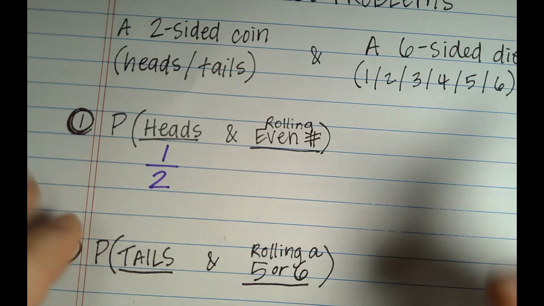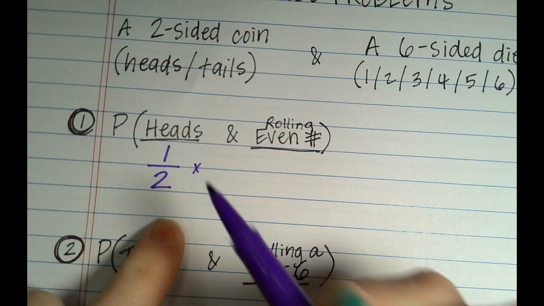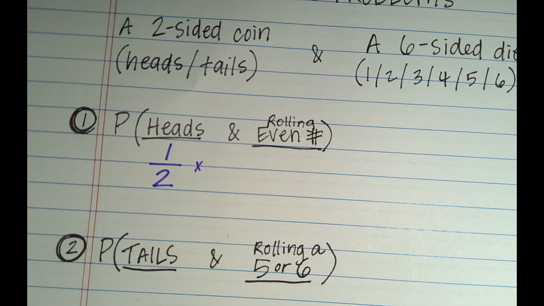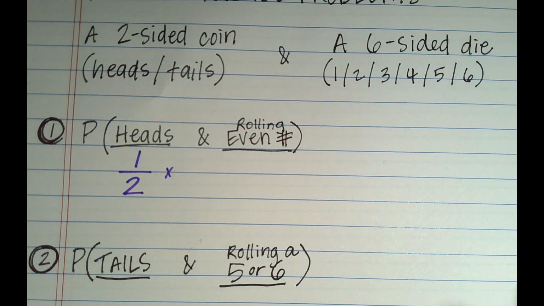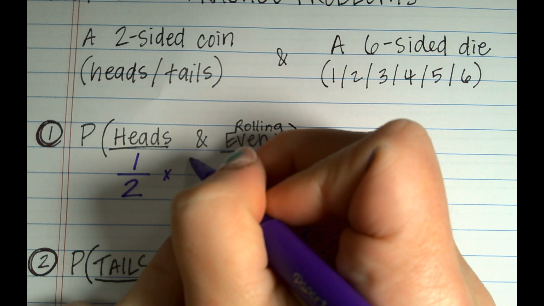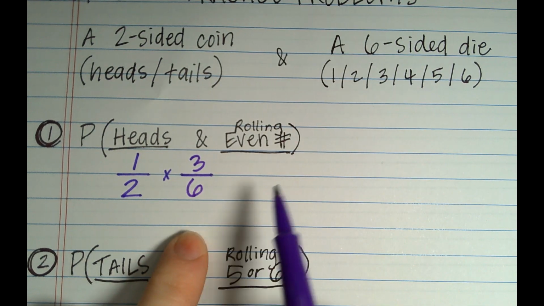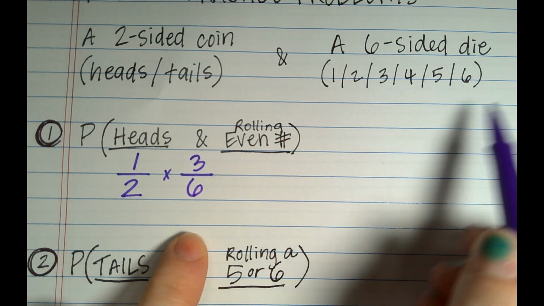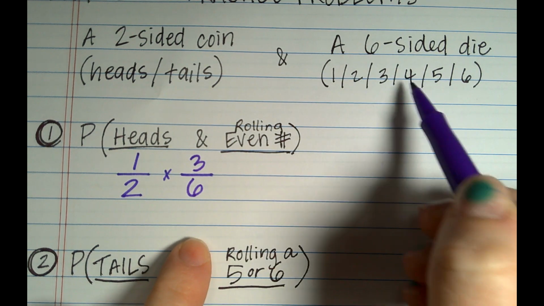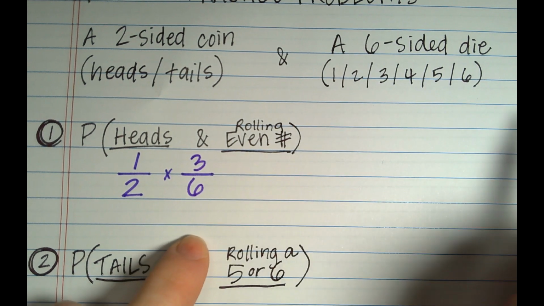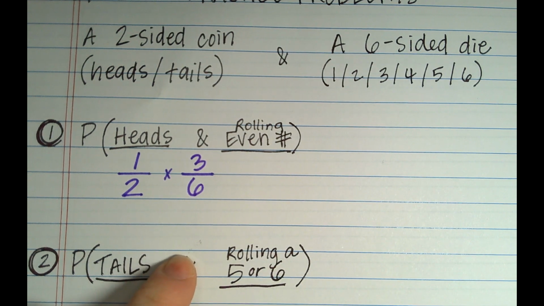And then what's the probability of rolling an even number? 3/6. How'd you know that? Yes, perfect. There's 2, 4, and 6. Those are 3 numbers that are even out of 6 total options.